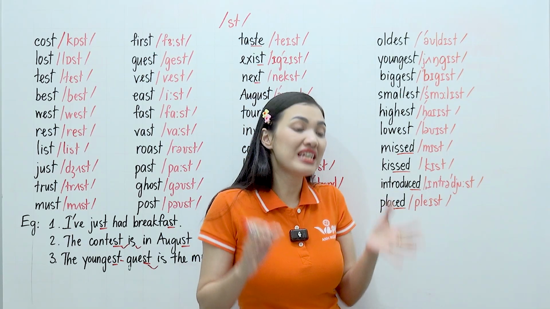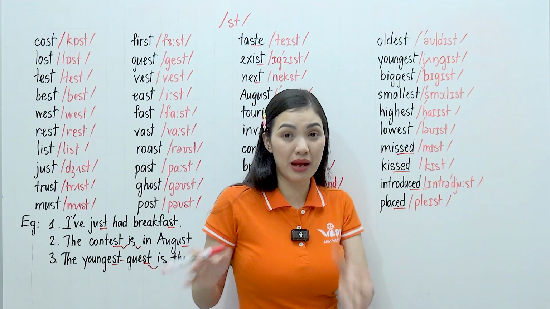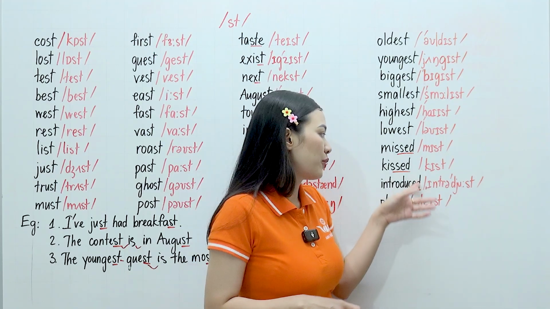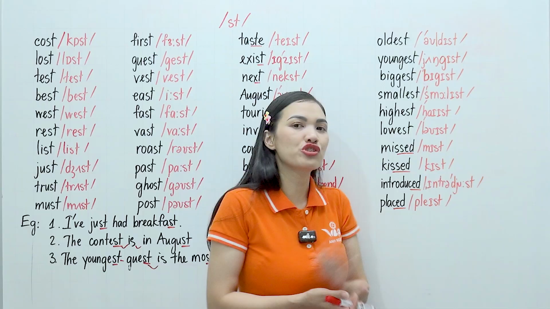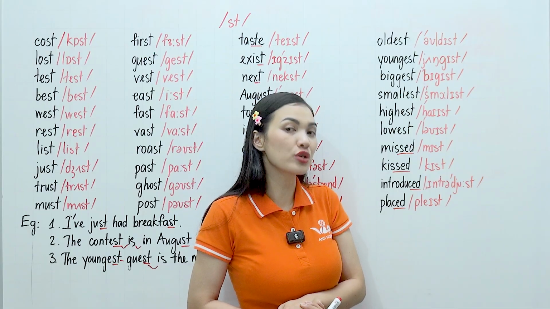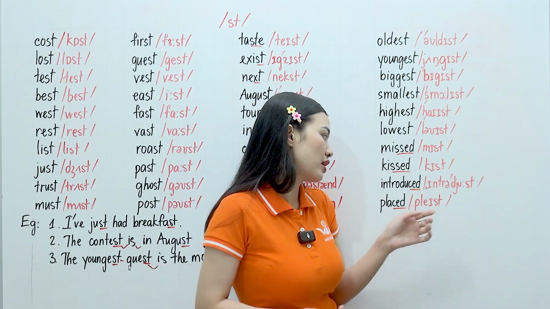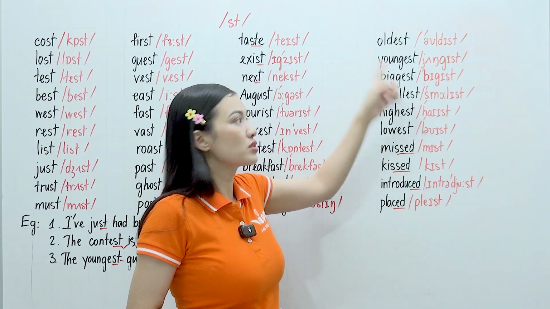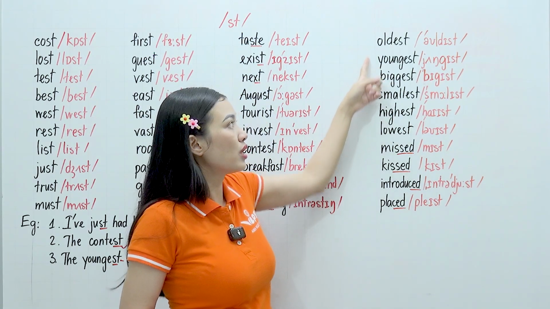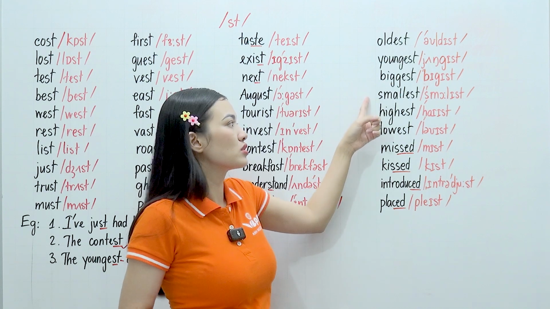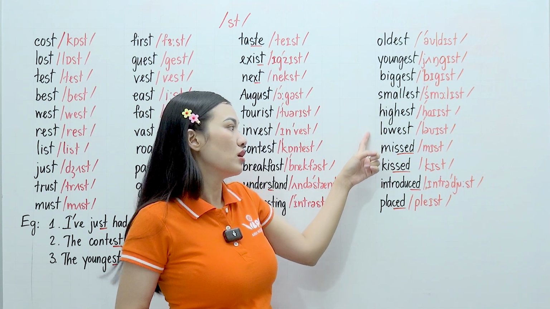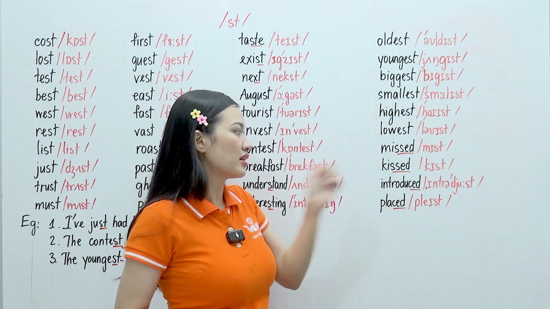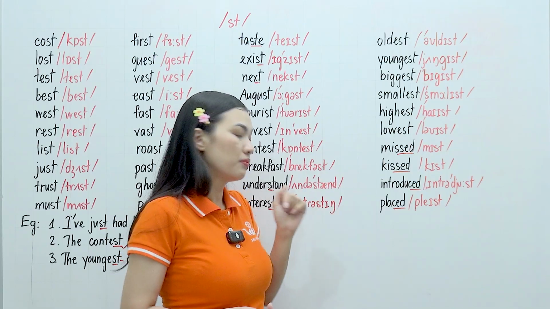For example, yesterday I kissed my boyfriend. Huh? So here. Next, introduced. Here, placed. One more time. Oldest, youngest, biggest, smallest, highest, lowest, missed, kissed, introduced, placed.